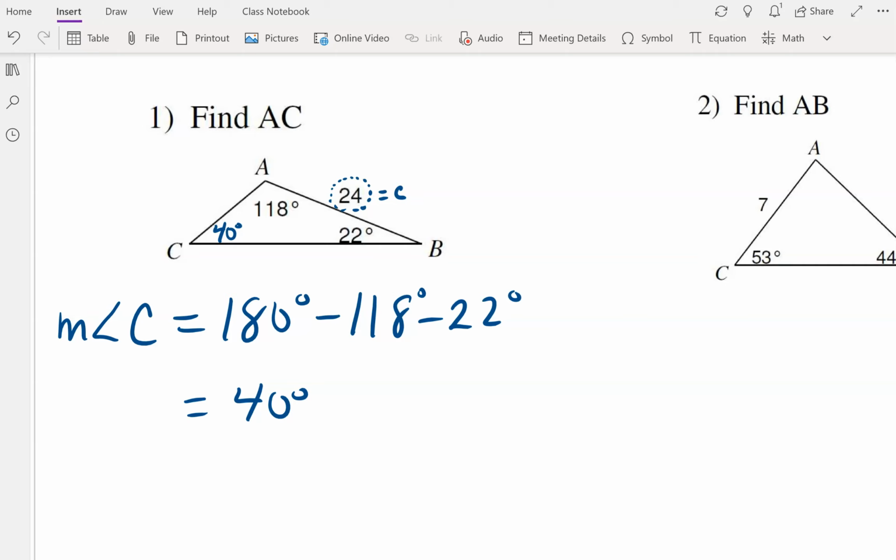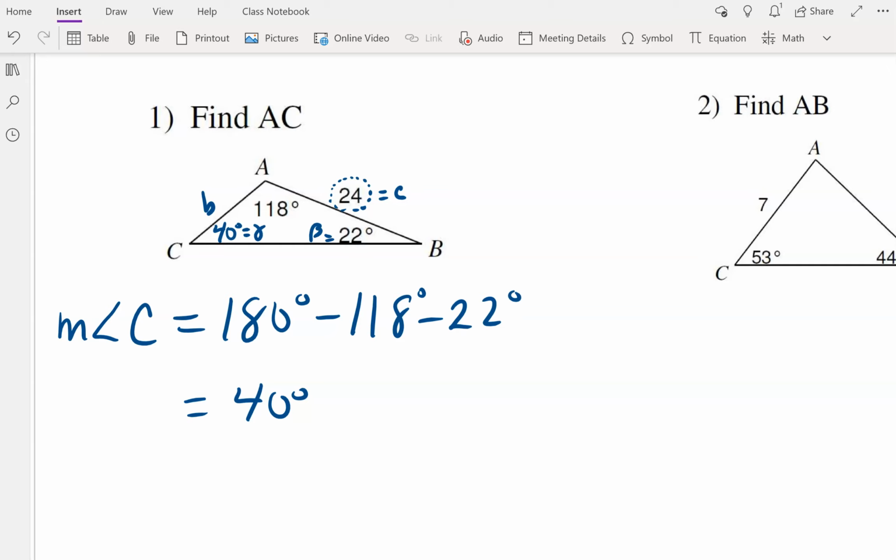And I know the 40, that would be our gamma. I know those two pieces. This particular problem is asking us to find AC. Well, AC is this segment here, which is opposite B. So I would call that little b. I don't know what little b is, but I do know its opposite angle. I know that it's beta.